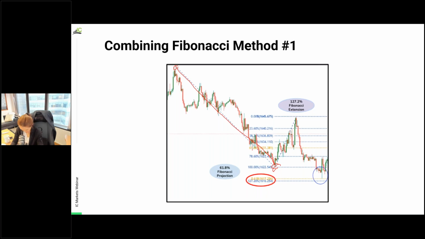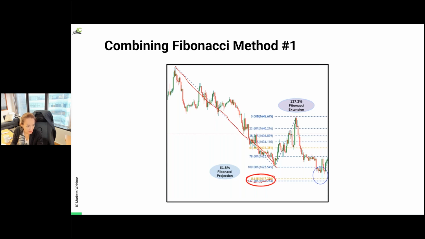No, sorry, I think I'm wrong. Let me delete first. Okay, this is projection, sorry. Negative, you pull from here to here, and then here you will get 61.8% over here.